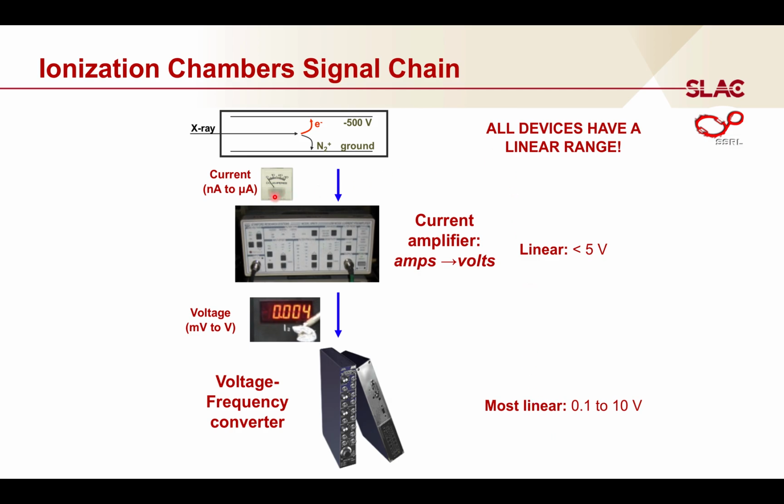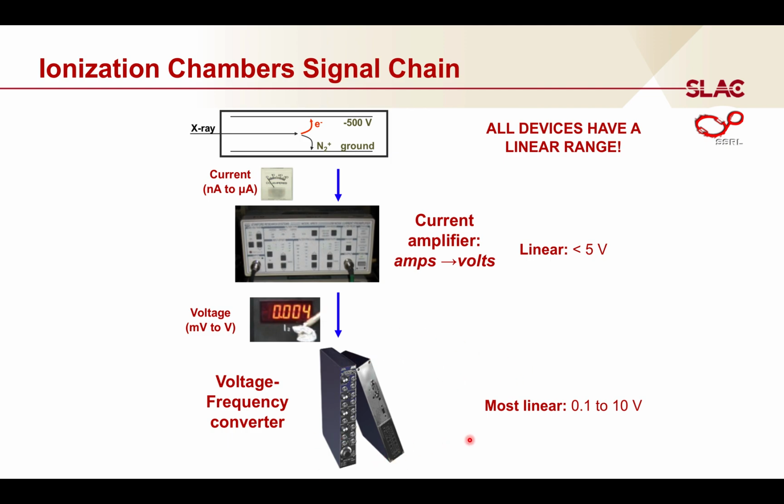Okay, very important is to understand that all these devices have a linear range, and you need to stay within that linear range in order to have good data. For these current amplifiers, it's less than about 5 volts, and that's why the beamline scientists are telling you, you may see a sticker on the gain control for the ionization chambers that this signal needs to be less than 5 volts, because if it goes above that, you run a risk of losing your data because you just flatline.